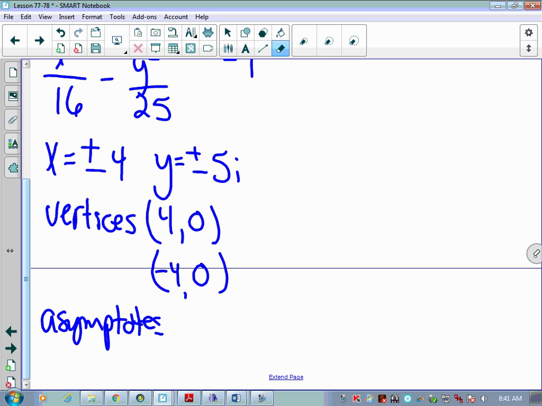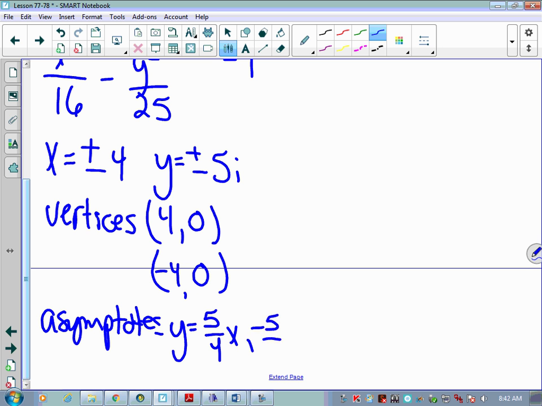Your asymptotes are a slope. So rise over run, so your y over your x. So y there is going to equal 5/4 x and negative 5/4 x. Rise over run. Did we get that part of it? Okay, we at least know where we got that from.